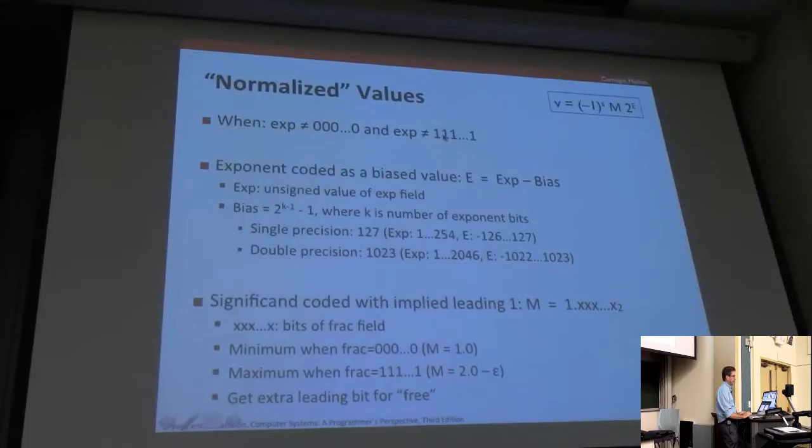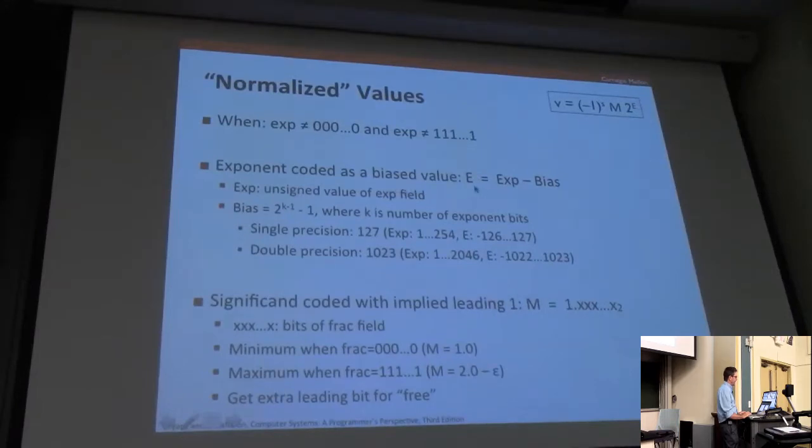Everything all zeros and all ones are special kinds of numbers we'll look at in a second. So remember our numbers are (-1)^s times m times 2 raised to the power e.